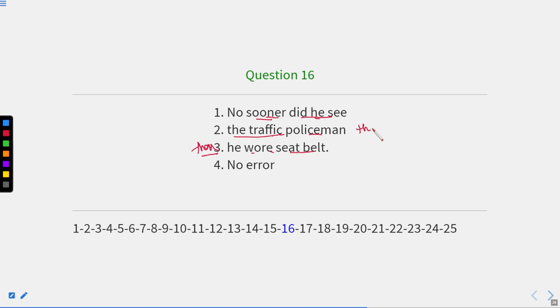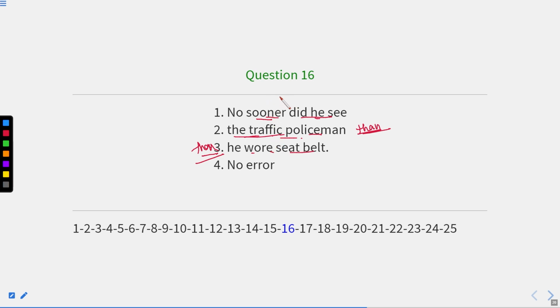After that, we can write then. But this then can be either added in the last of second part or in the beginning of the third part. Okay, now if I want to add it in the second part, that can also make the sentence correct, or if I add it just before the third or in the third part of the sentence, that will also make the sentence correct.